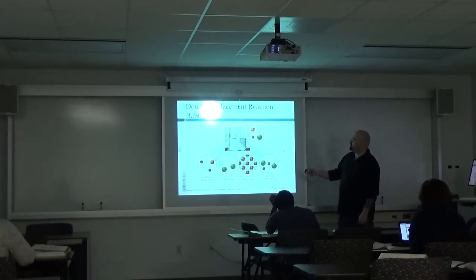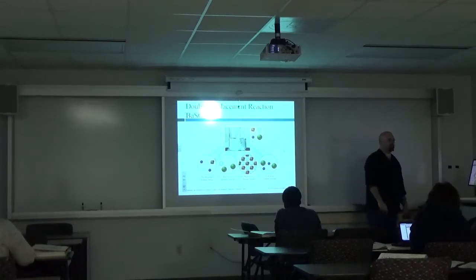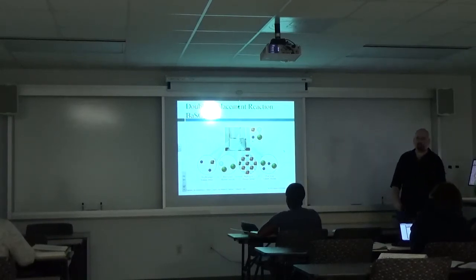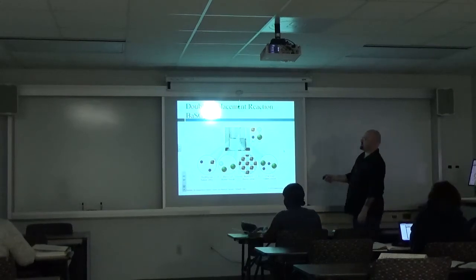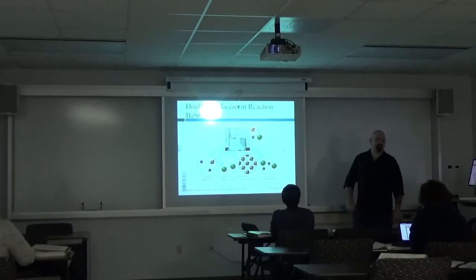You combine them at this point where it's dripping in, and it's kind of hard to see, but there's a white cloud forming right there. That's the barium sulfate. Barium sulfate, at least under these conditions, is not aqueous, does not dissolve, and therefore it precipitates out as a solid, and we're left with sodium chloride in solution.